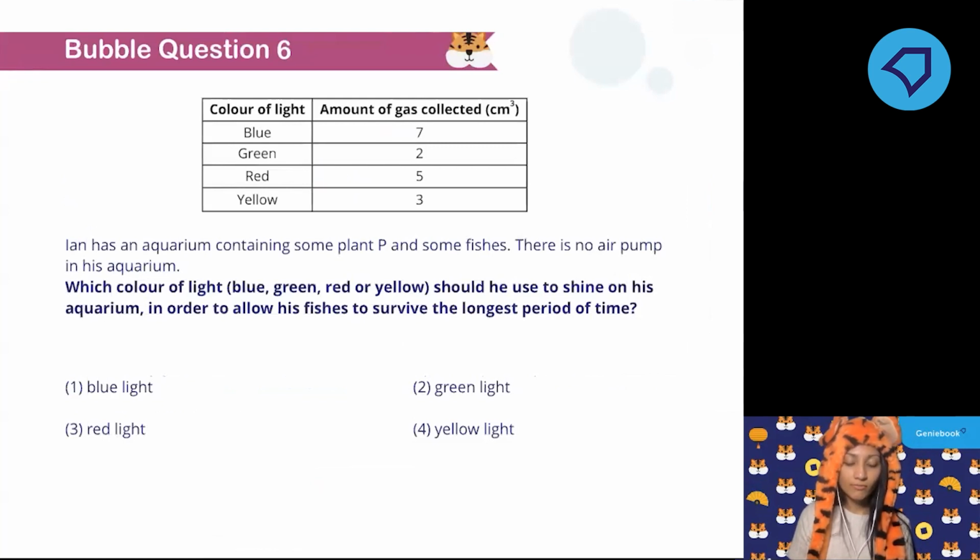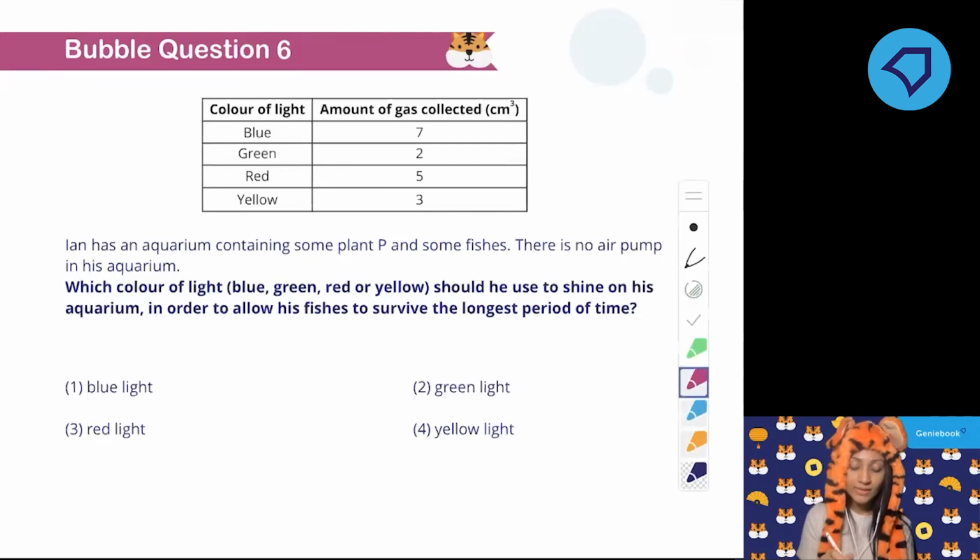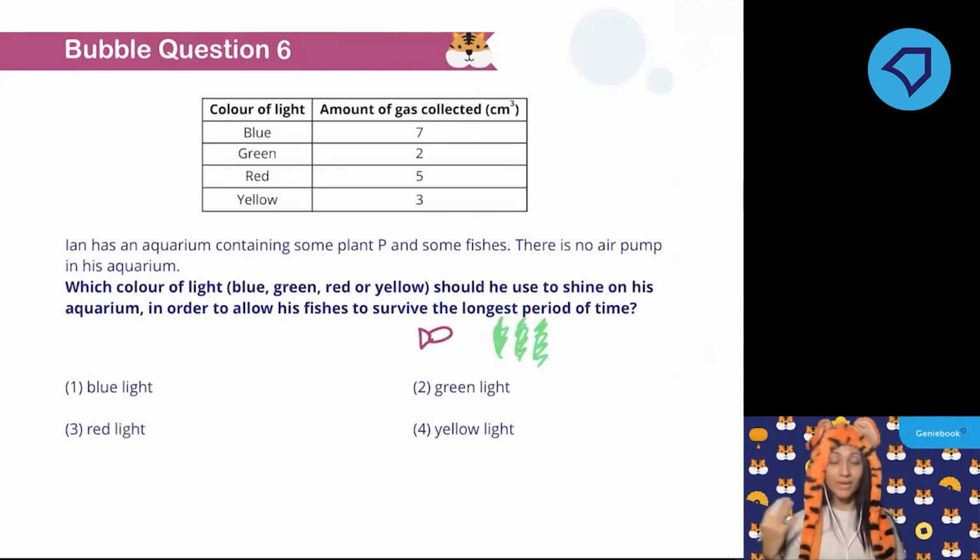Which color of light should he use to shine on this aquarium to allow his fishes to survive for the longest period of time? Fish need oxygen from the plant. So which color of light is best for him to use for the aquarium?